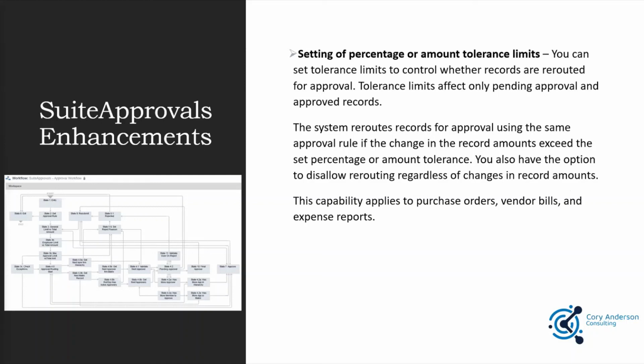You can set tolerance limits to control whether records are rerouted for approval. Tolerance limits affect only pending approval and approved records. The system reroutes records for approval using the same approval rule if the change in the record amounts exceed the set percentage or amount tolerance. You have the option to disallow rerouting regardless of changes in record amounts. This capability applies to purchase orders, vendor bills, and expense reports as well.